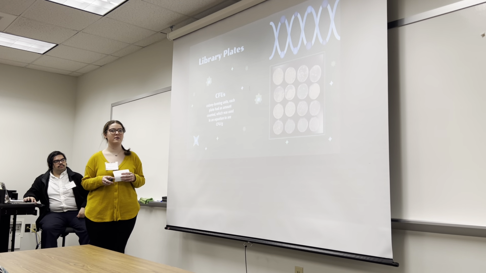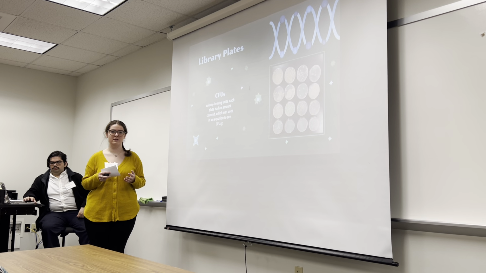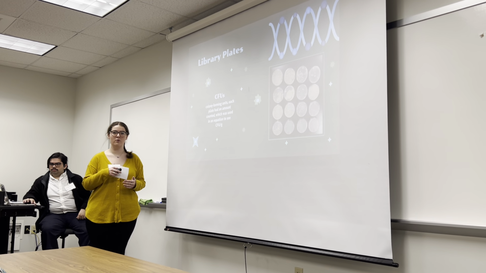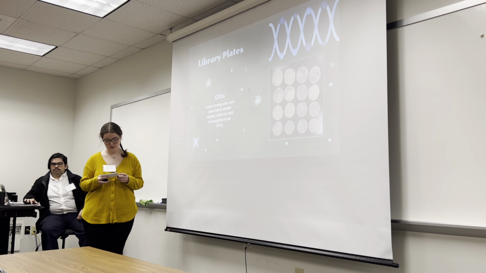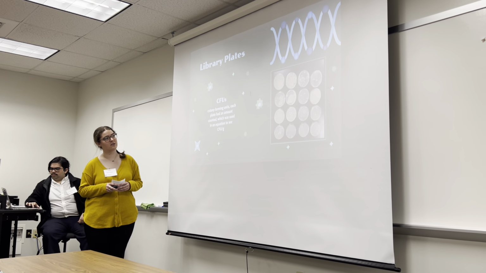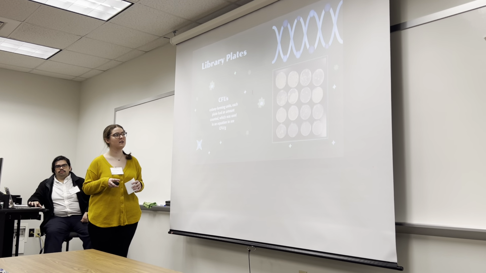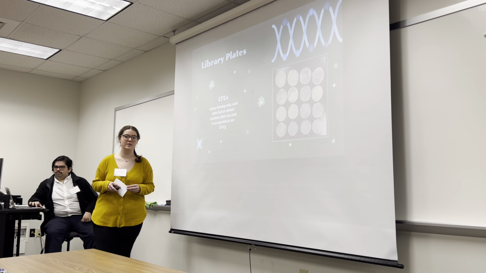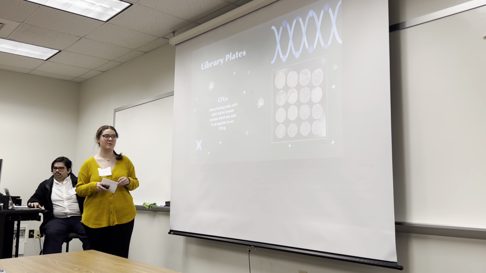So the top one was soil sample 1, light. And then it would be soil sample 2, light, soil sample 1, dark, and soil sample 2, dark. The CFUs were counted, and I used that information to create an equation to see how many CFUs were on the plate per gram.